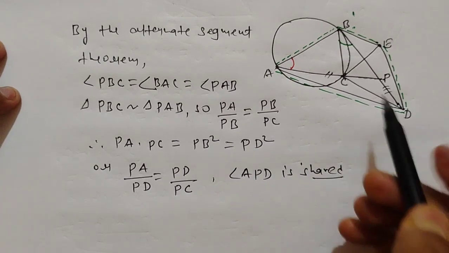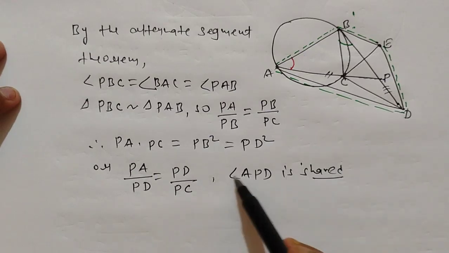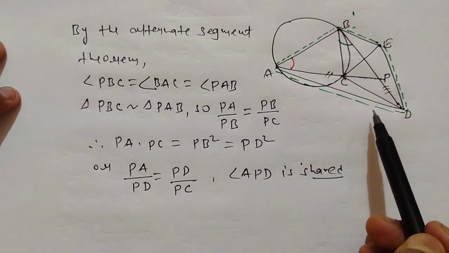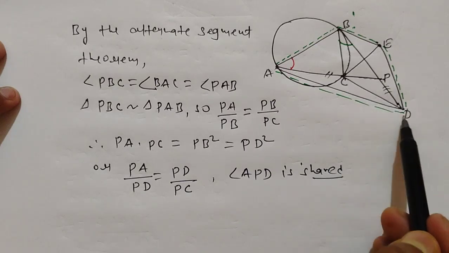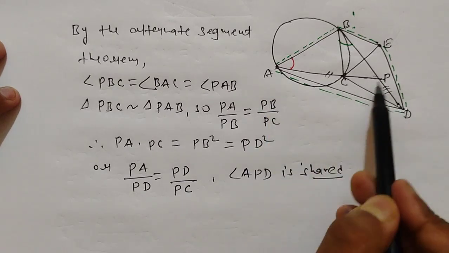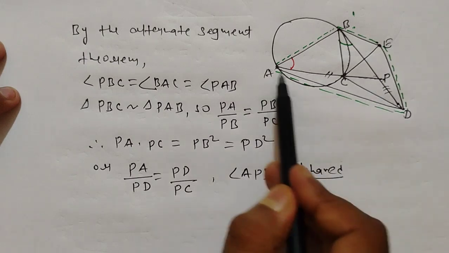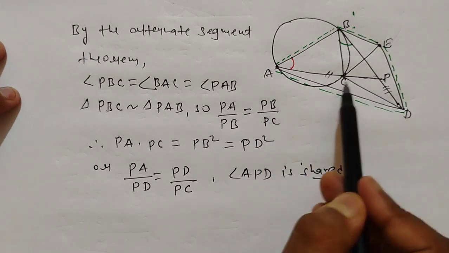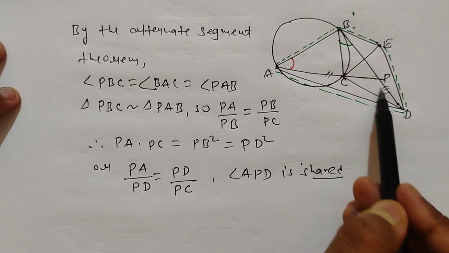and here the angle APD is shared, because angle APD is for the triangle PCD and for triangle PAD, and for both the triangles this is the common angle.